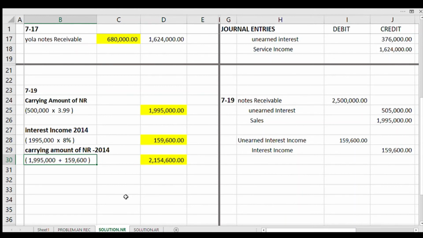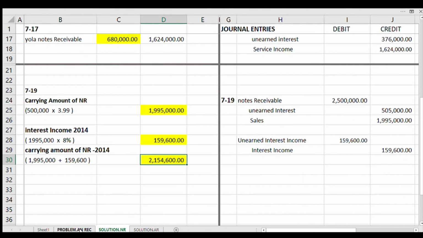Amortization of the discount tends to increase the carrying amount of the note receivable: 1,995,000 plus 159,600, which was the recognized income. We add it to the previous carrying amount. So at the end of 2014, 2,154,600 is the carrying amount of the notes receivable.